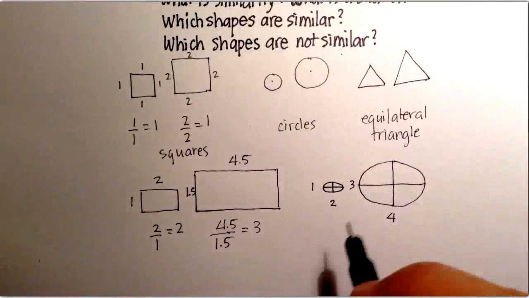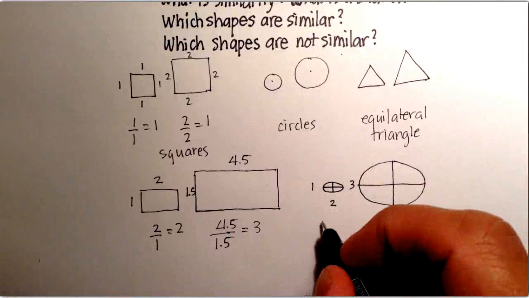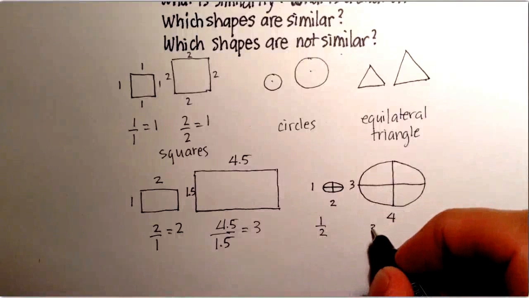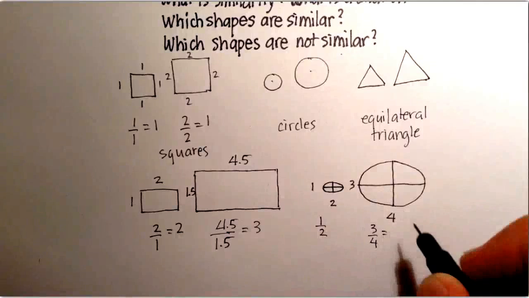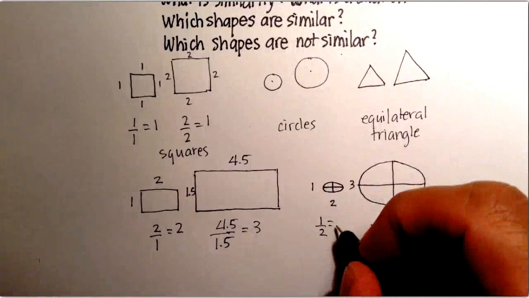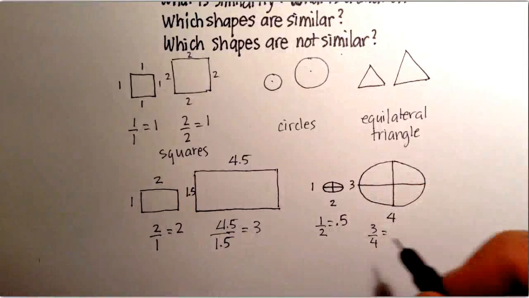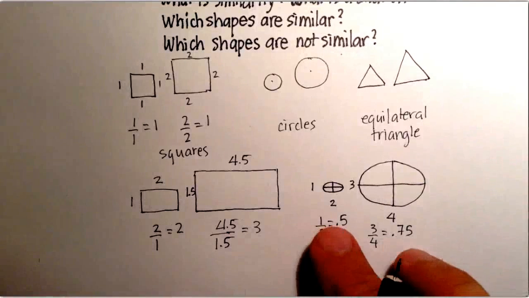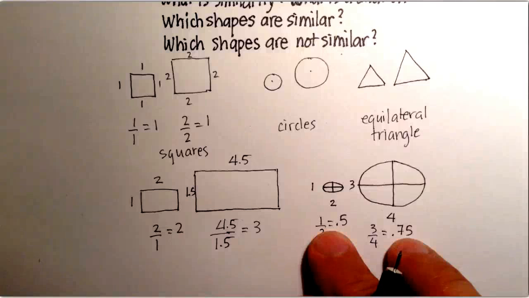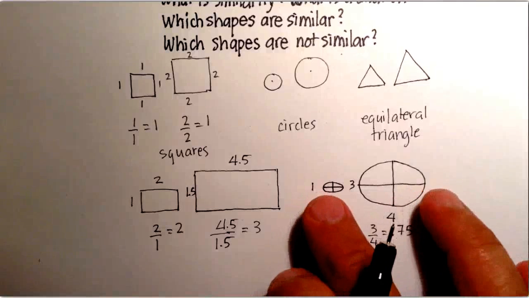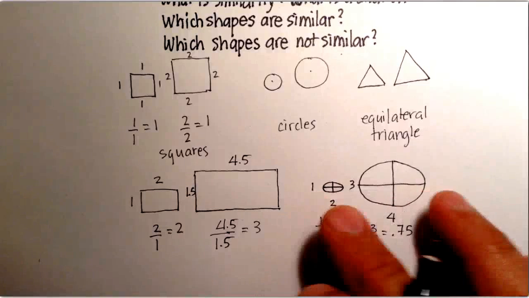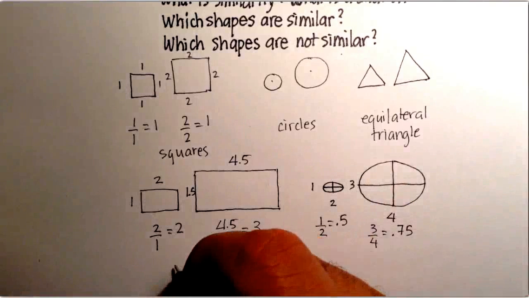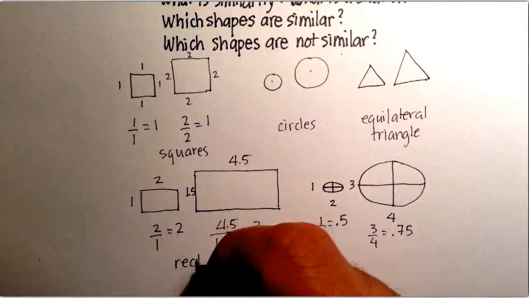It doesn't look quite proportional, but you can just take the ratio. This would be 1 to 2, and this one would be 3 to 4. Reducing those to decimals, that would be 0.5 and that would be 0.75. So these are not similar, because even though these are both ovals or ellipses, the proportions can be different. Let me go ahead and write these down.